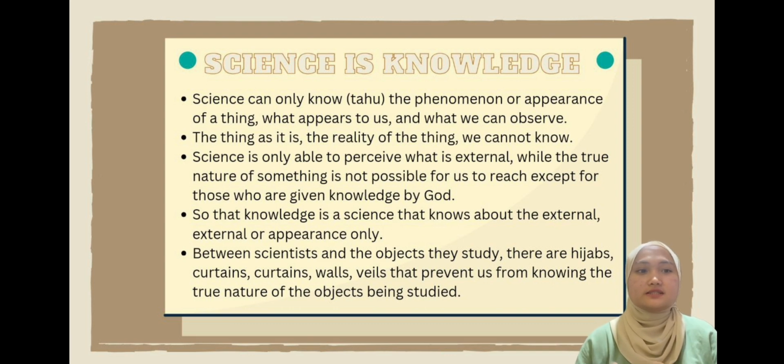So knowledge is a science that knows about the external or appearance only. Between scientists and the object they study, there is a hijab, a curtain, a wall that prevents us from knowing the true nature of the object being studied.